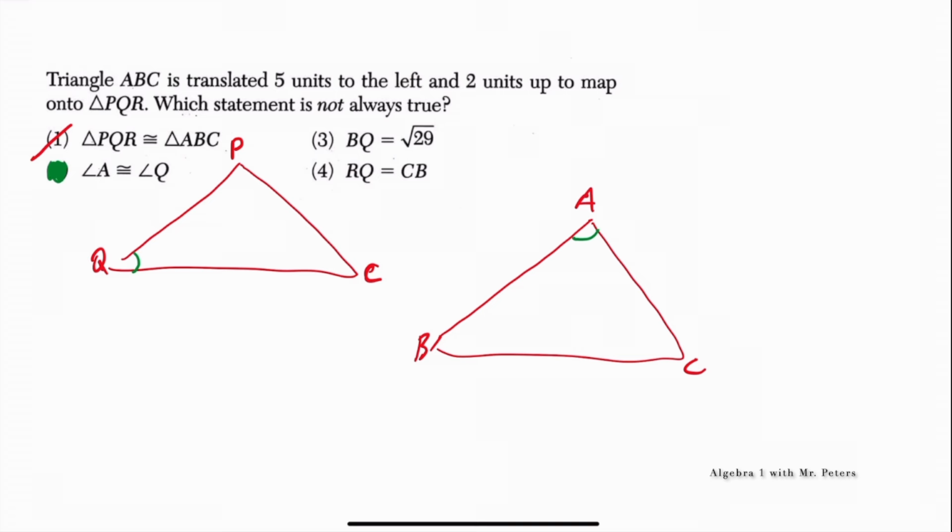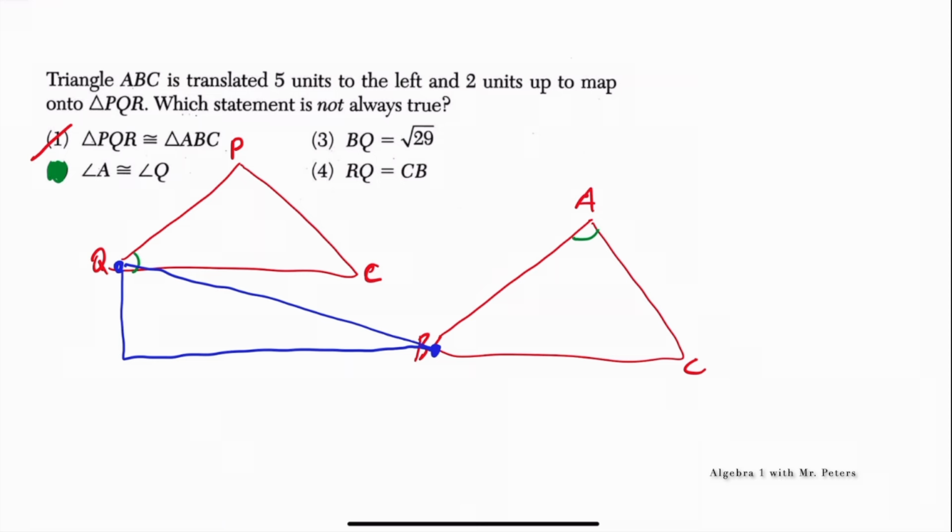Then we get over to BQ, which says that it's equal to the square root of 29. So I want you to understand what they're saying. Let's say we look at B and we look at Q and we're doing the transformation, right? So we draw kind of like a triangle. You don't have to draw it like this, but if you understand the concept, this is why I'm drawing it like this.